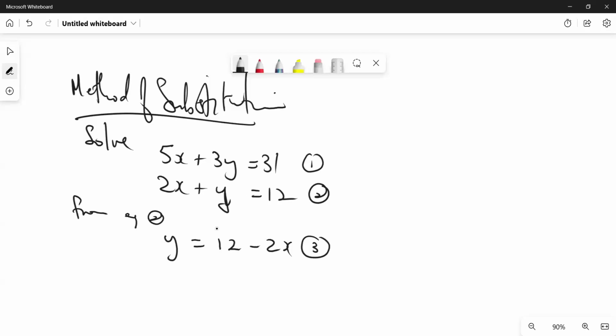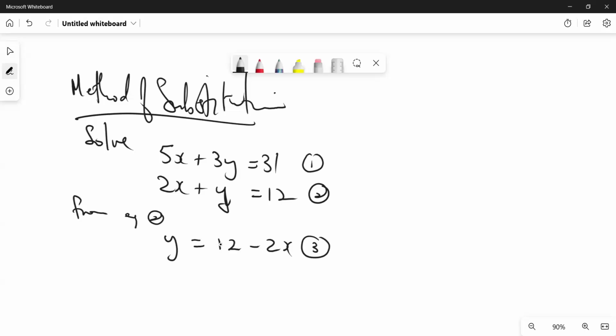From this equation, I can get that y equal 12 minus 2x. Tell me if you're seeing that. I simply take the 2x over the other side in equation 2. Right? I took this one and I make y the subject. I brought 2x over here. This is what you get. Right?